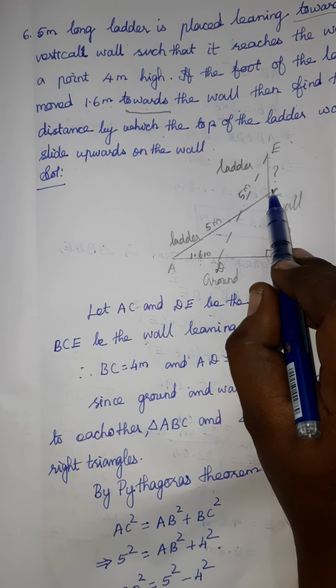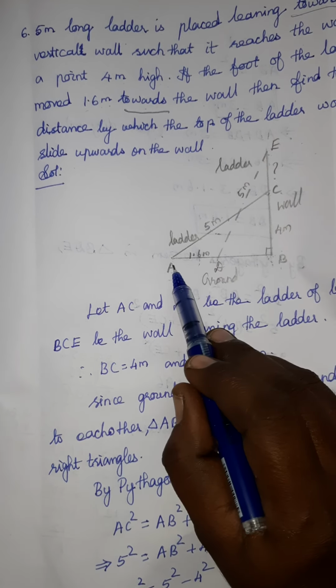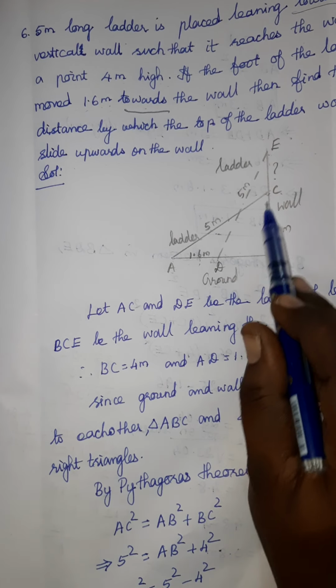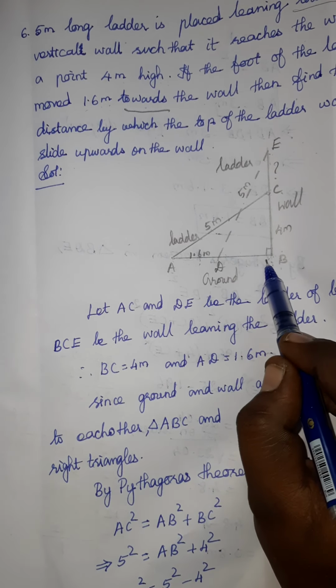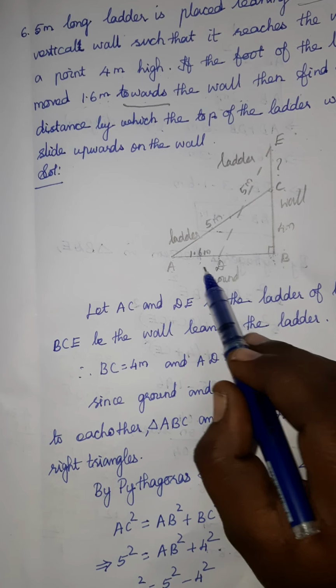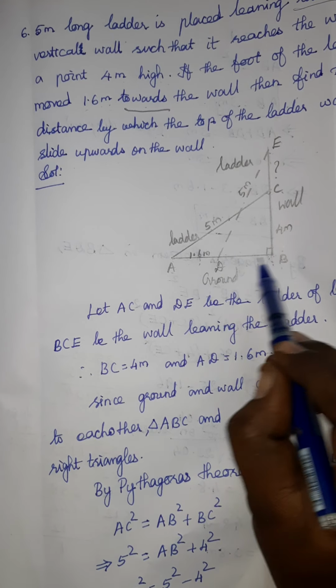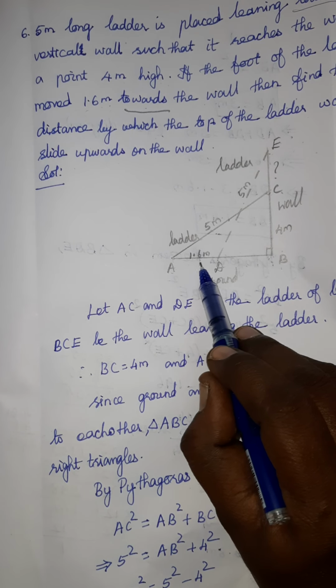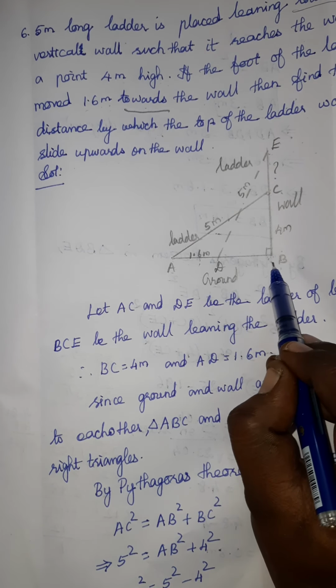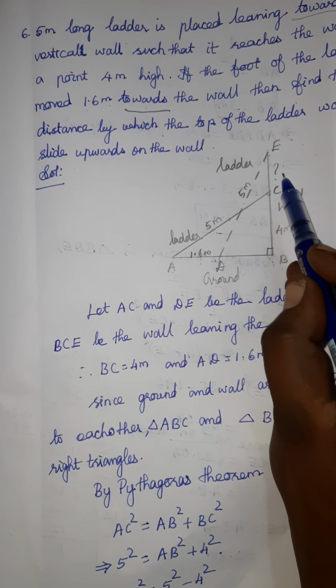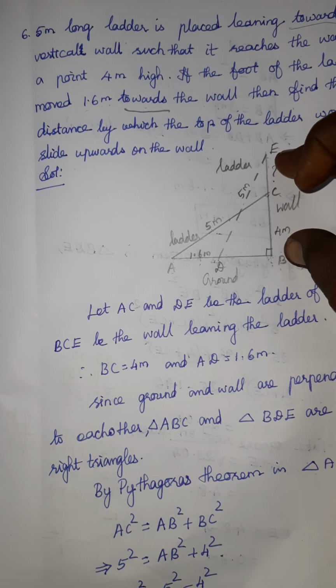Only 0.8 meter. So first we found the AB value using this right-angled triangle by the Pythagoras theorem. So we get the total AB value. From that AB we subtracted this AD, so you got the DB value. Using this DB and this DE value, we found the total length BE.